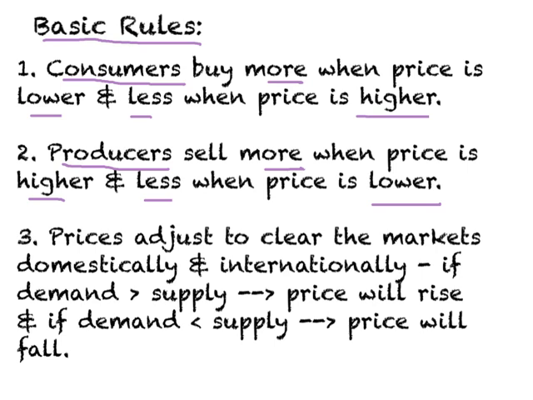The third thing you should know in terms of basic economic rules is what's called the price adjustment model, and what this means is prices adjust to clear the markets, and this could happen domestically as well as internationally. This is how markets operate.